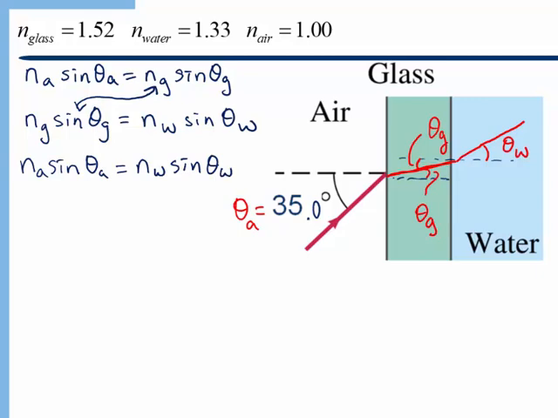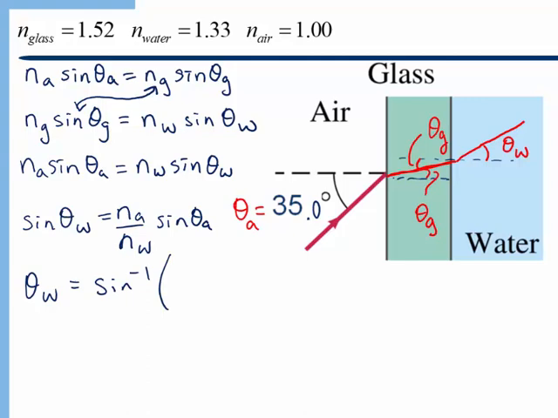Now, if you did go ahead and solve for theta g and then plug that in, obviously that's fine. You're just doing a little bit more work than you have to do in the problem. Okay, so now I'm going to solve algebraically for theta w. I get that sine theta w is n a over n w sine theta a, or theta w is the inverse sine of n a over n w sine theta a.